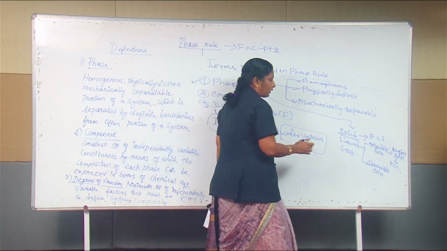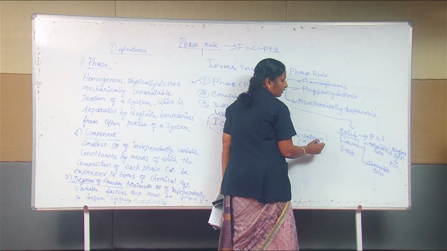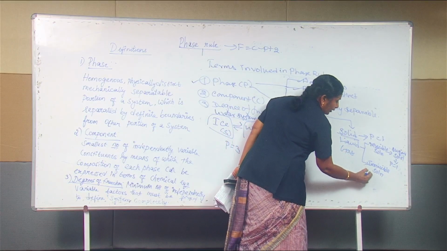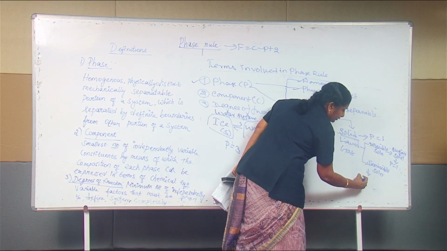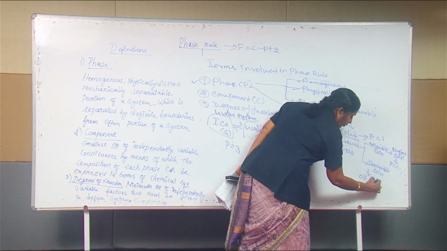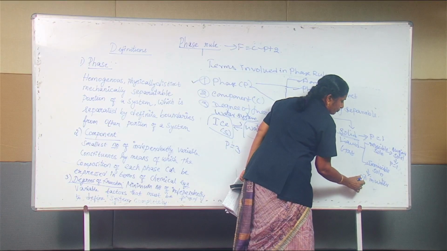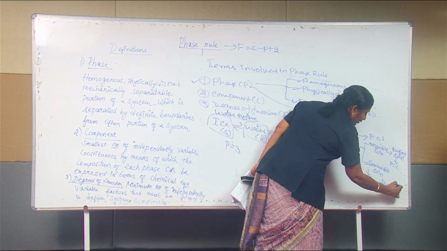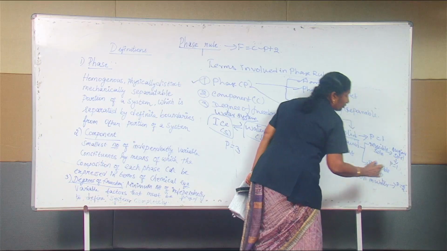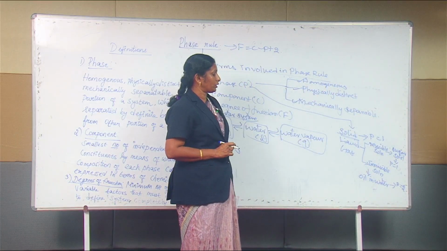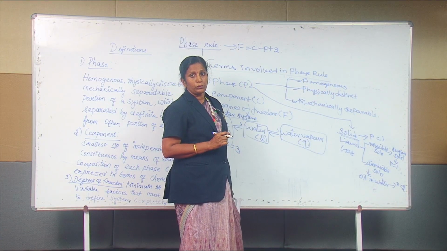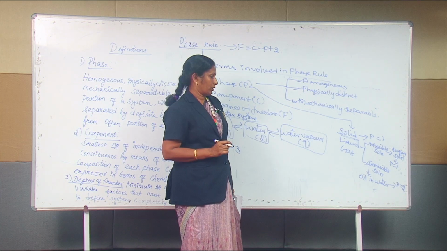Our next one is the immiscible solution. The second thing in the liquid, immiscible solution, we will take one example, that is oil in water. Here there are 2 phases. In the immiscible solution, the phase is equal to 2, for example, oil in water.